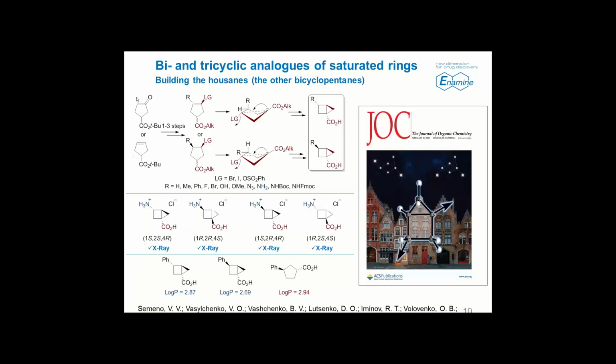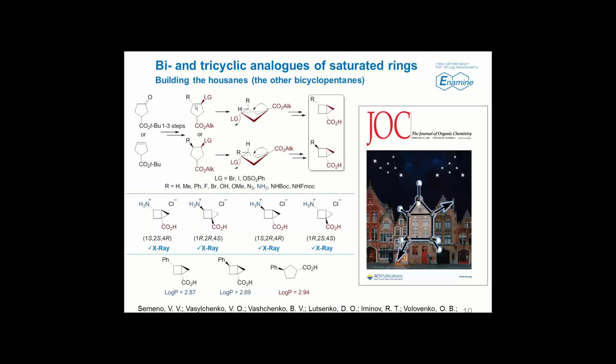As for chemistry, we have started with cyclopentane derivatives, and then they were subjected to desymmetrization at one of the edges of the cyclopentane rings. So two stereogenic centers were created in a stereoselective, diastereoselective manner.